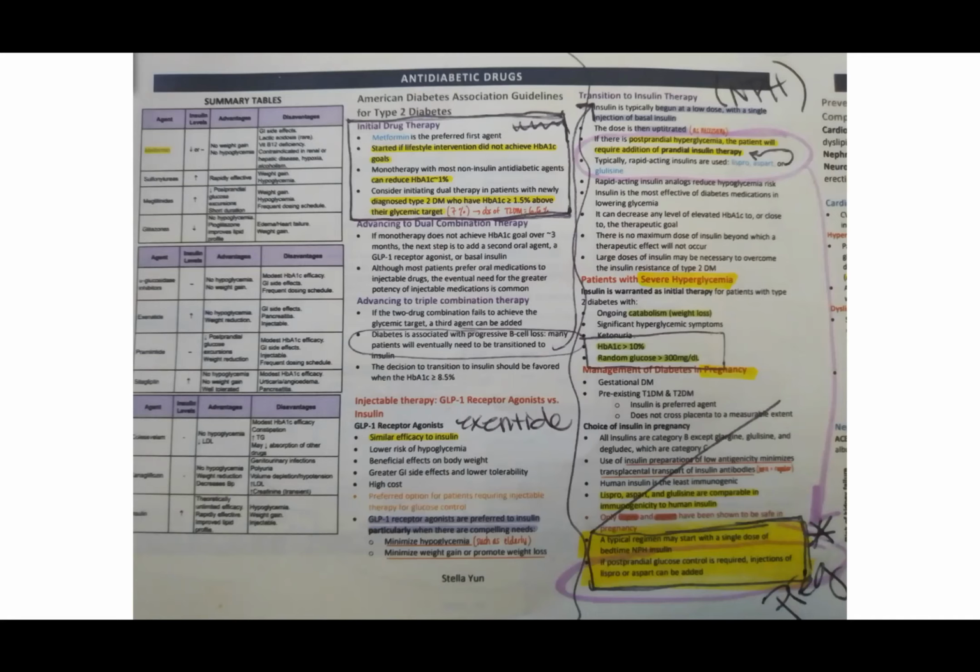The long acting one, you can take right at bedtime or in the morning, and that gives you the basal level throughout the day that you have to maintain to make sure you don't tank. And then of course preprandial, you need to have that short acting to make sure you don't have spikes.